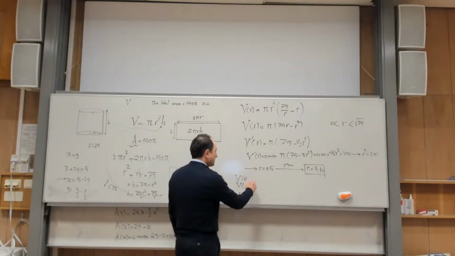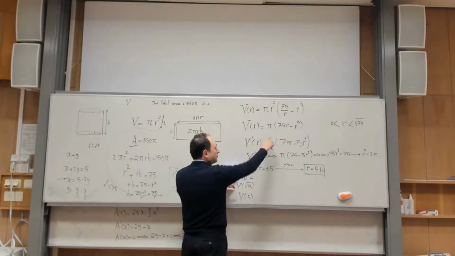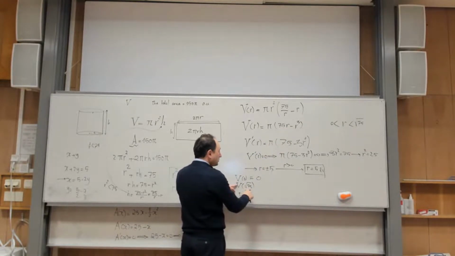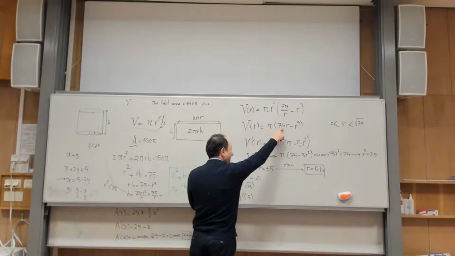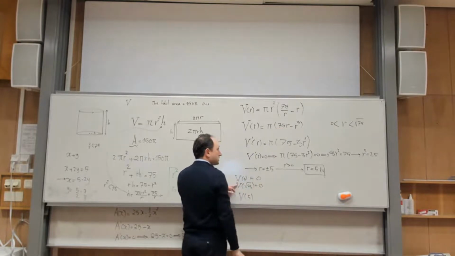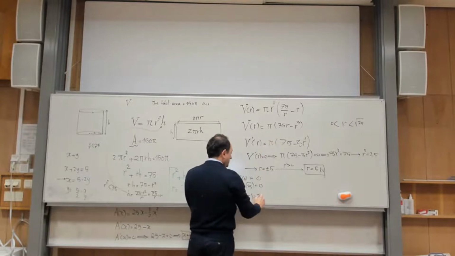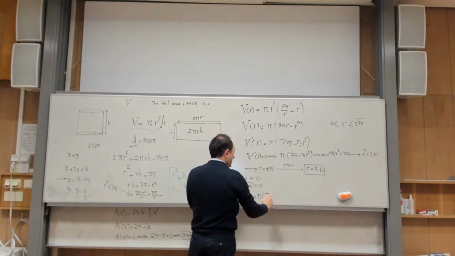But it is very simple. As you predicted, if I put 0 in the function, this becomes 0. And if I put the square root of 75 here, again, it becomes 0. You can convince yourself of that. And if I put 5 here, let me calculate. This becomes 75 times 5, minus 5 to the 3.